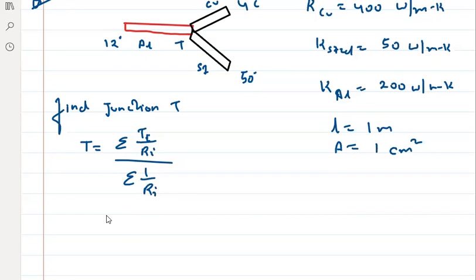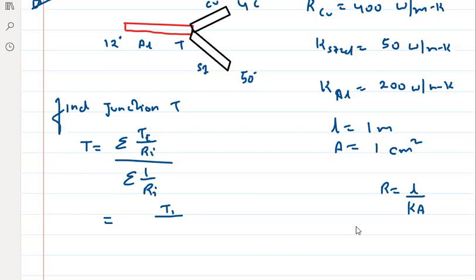Now if you imagine what is Ti by Ri, think about it, area is same and length is same. So we know that R is equal to L by KA.